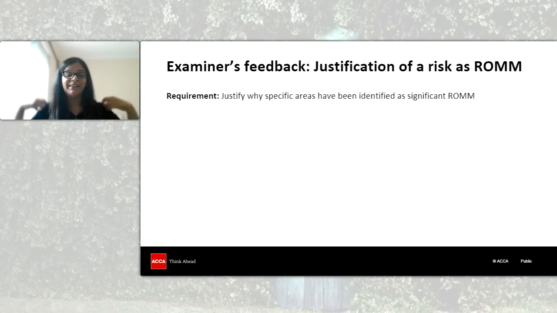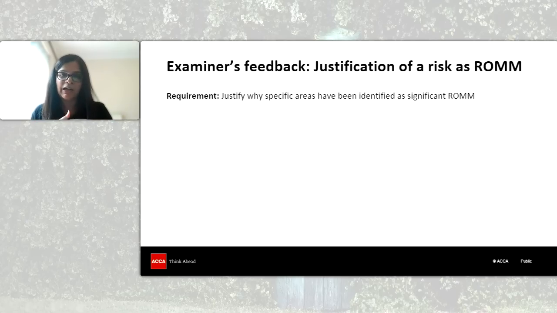The next one, and as a tutor, I loved this because I thought this made so much sense, being a tutor and an auditor, but this was something that you haven't seen a lot. This has been tested in the past exams, but normally it was just a 5-6 mark scenario.